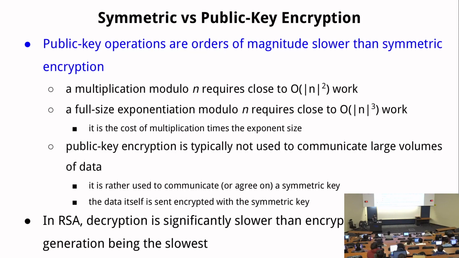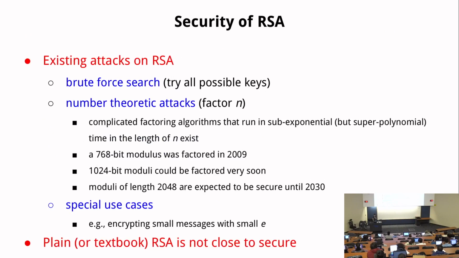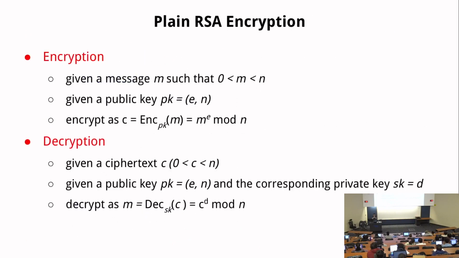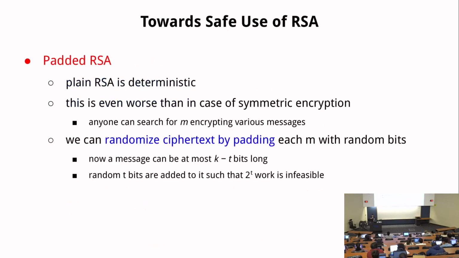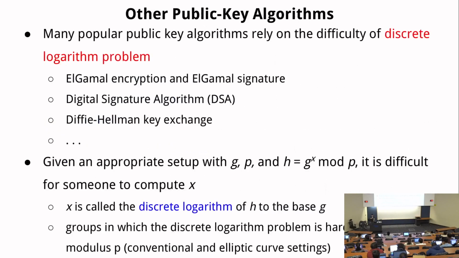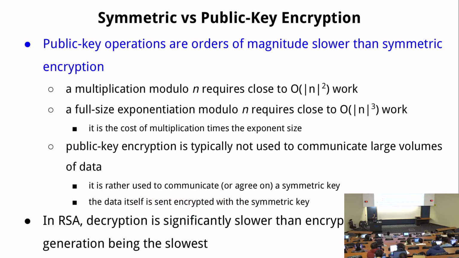But in a public key crypto system, you need to compute m to the power of e. If e is a bigger number, this takes longer to compute. The difference is huge compared to just substituting things or moving things around. That's why we don't really use RSA directly, or any public key crypto system directly, to encrypt huge data.